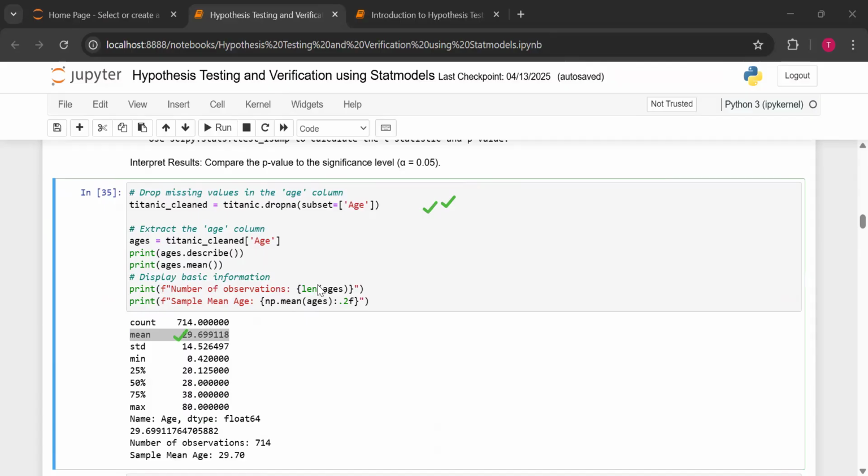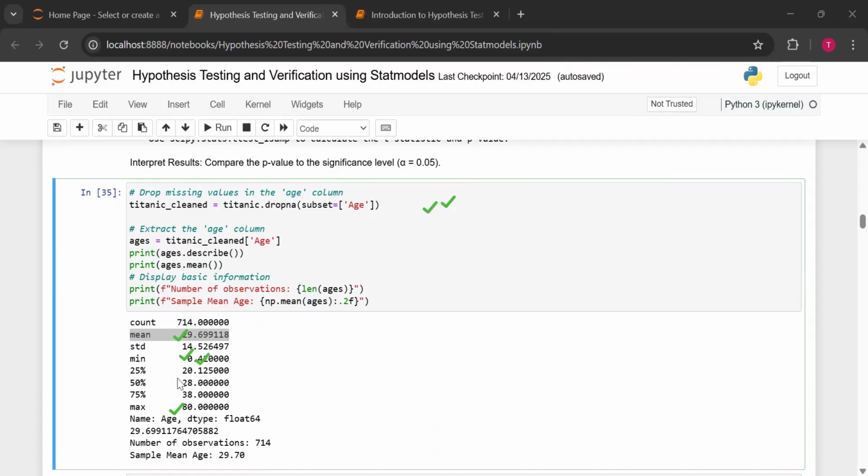So we have our standard deviation, which is 14 years, making us understand that the average variation from the mean is 14 years. The minimum we have seen: somebody was 4 months old, and the oldest was 80.